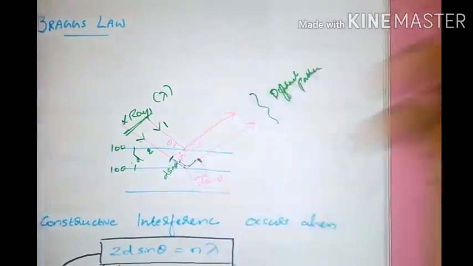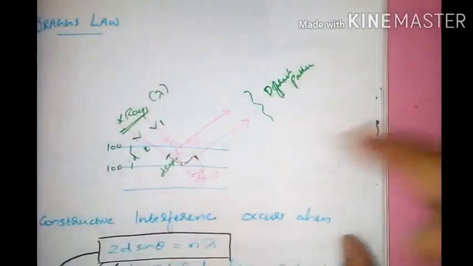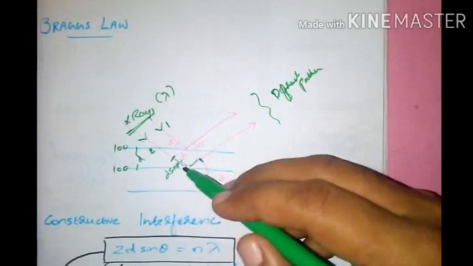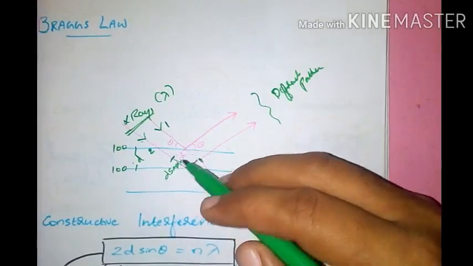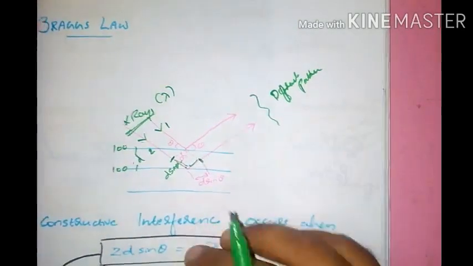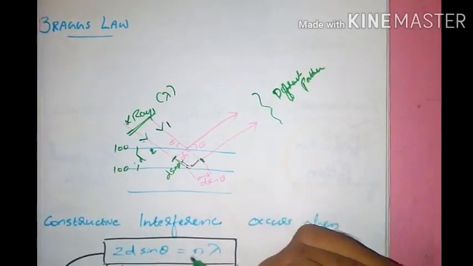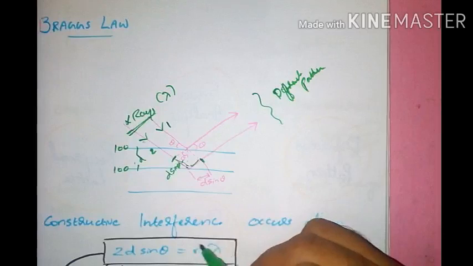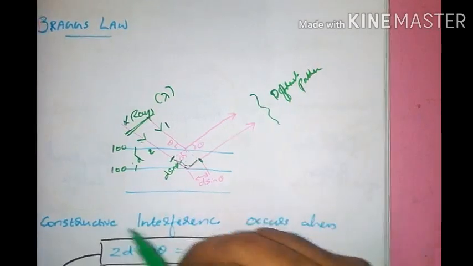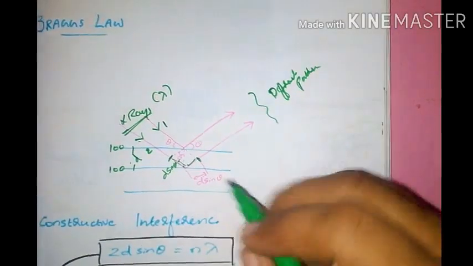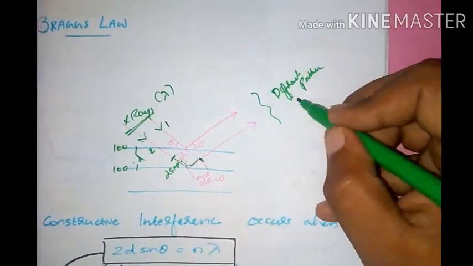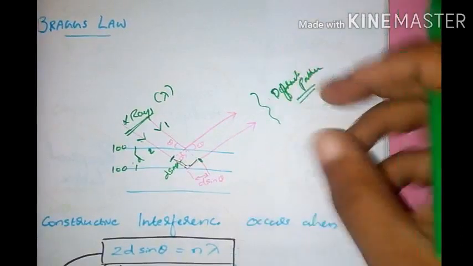So the total path difference between these two rays will be 2d sine theta, and if that is equal to n lambda, an integral multiple of lambda, constructive interference will take place, and a diffraction pattern can be obtained as output from the crystal.